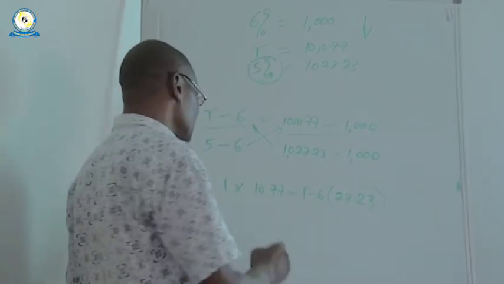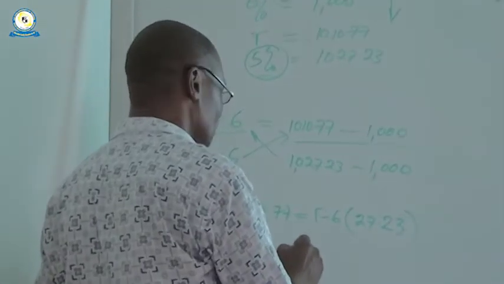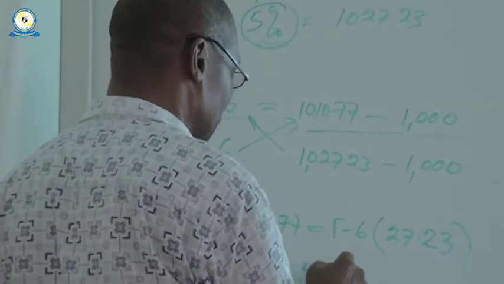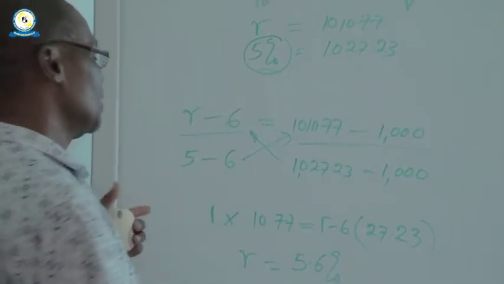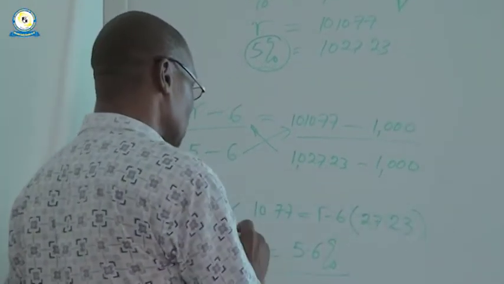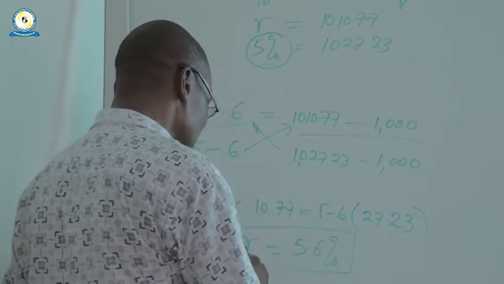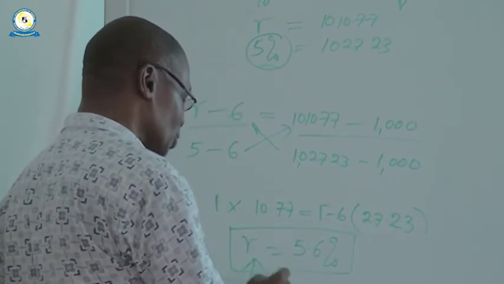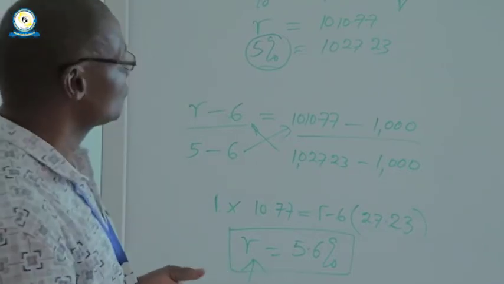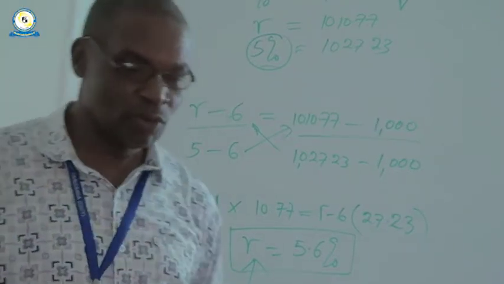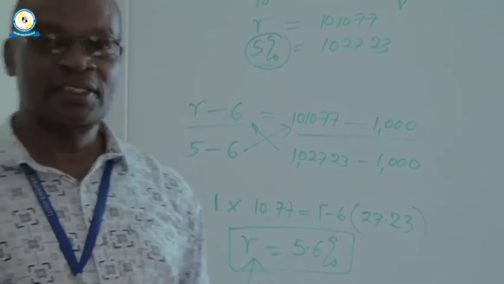At the end of the day, you will get R equal to 5.6%. When you use mathematical techniques to solve this equation, you will obtain R. This R which we obtain is what we call yield to maturity. So that is how we solve for yield to maturity.